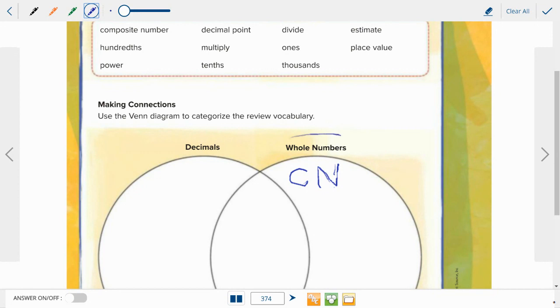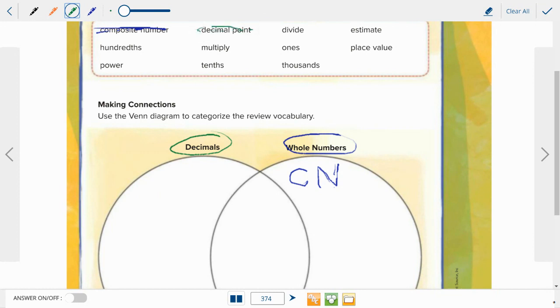Here's what we'll do. We'll do all the whole number ones in blue. Maybe that'll make it easier in case you guys can't read what I'm writing. Then we can do decimals in green. Here, it's a decimal point.